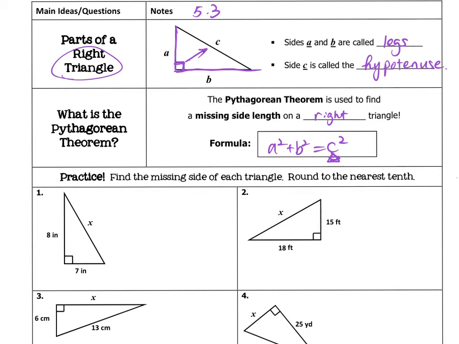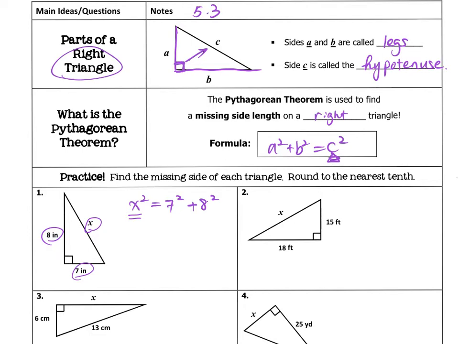We're given a right triangle with two legs, and we're asked to solve for the hypotenuse. The equation should be c squared equals a squared, which is 7 squared, plus b squared, which is 8 squared. It doesn't matter whether we call the longer leg A or the shorter leg A. The legs don't differentiate, but it is really important to note where the hypotenuse is.